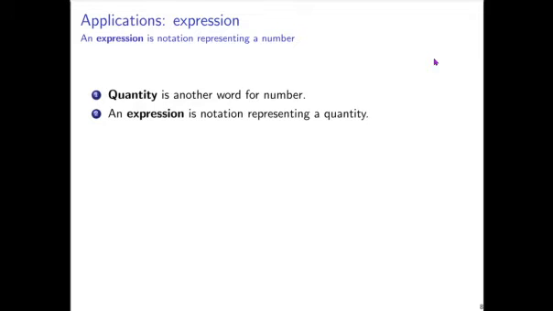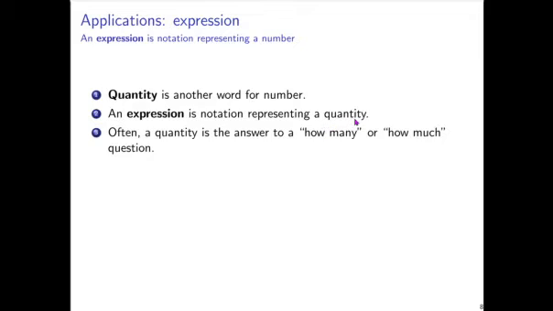So if an expression is notation that represents a number, we can also replace the word number with quantity. So we could say an expression is a notation representing a quantity. Now, by quantity, this sometimes gets people, but we really need to dig into this. If quantity and number mean the same, we should not just think of a number as being five, which is fine, but also we should think of a quantity or number as a question whose answer would be a number.